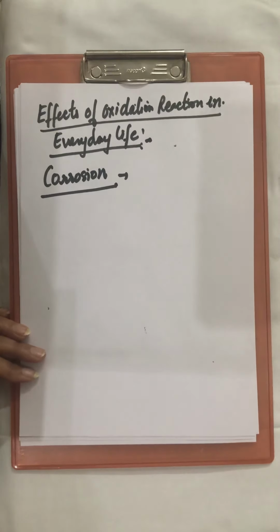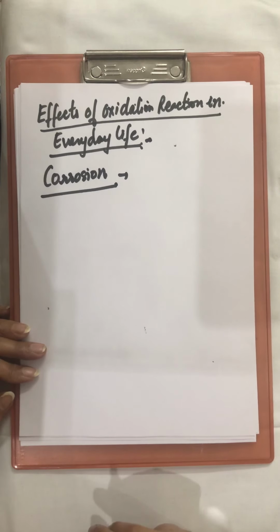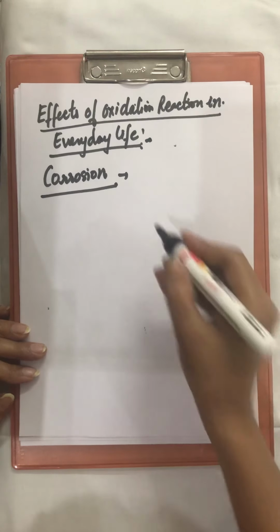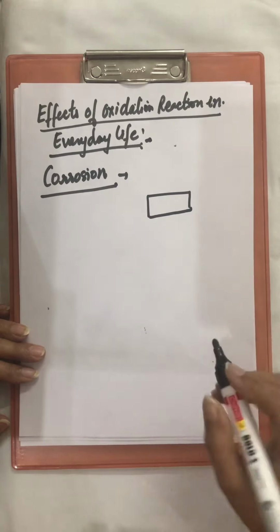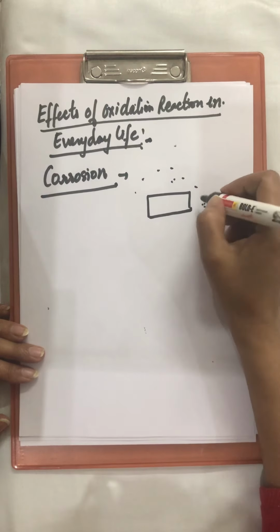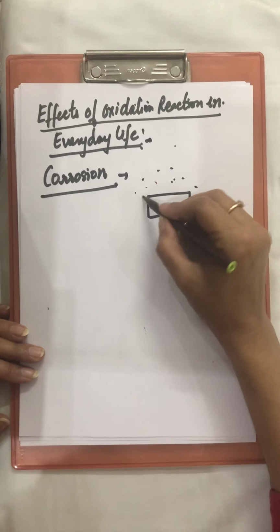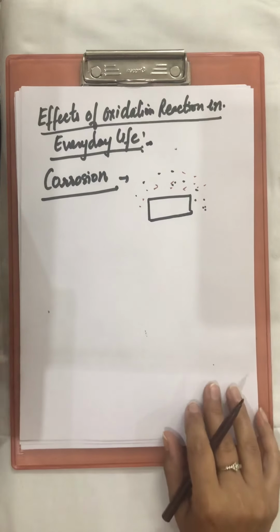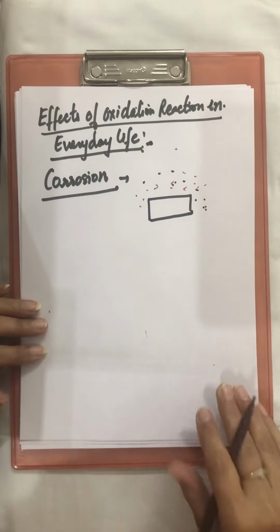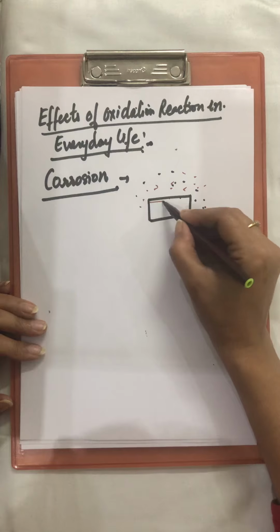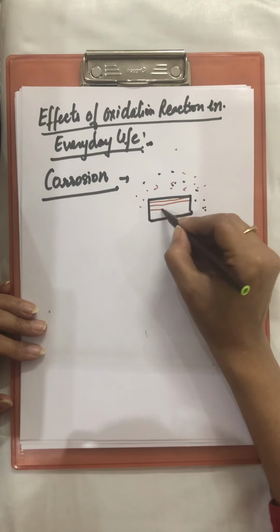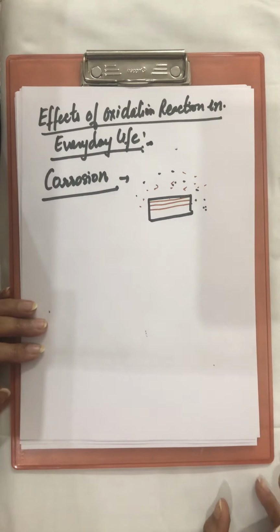What is corrosion? It is the eating up of the metal layer by layer by the action of air, moisture or chemicals. Suppose this is a piece of metal. When it comes in contact with the air, or with the moisture in air, or some chemicals, then these things will start reacting with the metal and will start eating up this metal layer by layer. This is called corrosion.